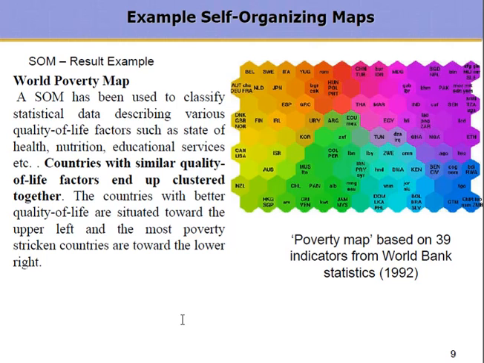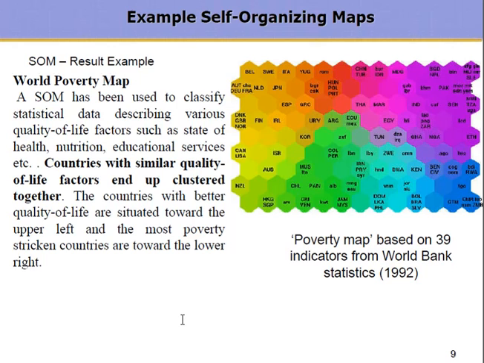But with the help of the SOM algorithm, we created these clusters or classes depending upon the health, nutrition and education services of different countries. Countries with similar quality of life factors end up clustered together, right?